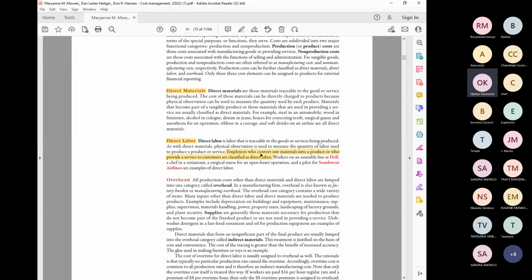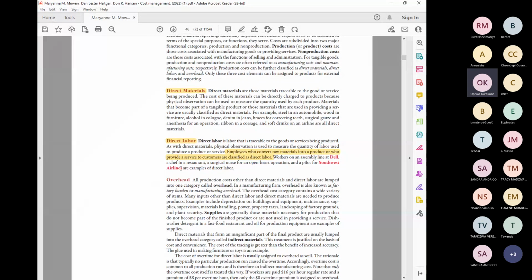So don't misuse these ones. A supervisor or a manager is not part of direct labor. We only want people who are directly involved in the conversion of raw materials. That is what we want. Workers on an assembly line at Dell, a chef in a restaurant, a surgical nurse in an open heart operation, and a pilot for Southwest Airlines are examples of direct labor.